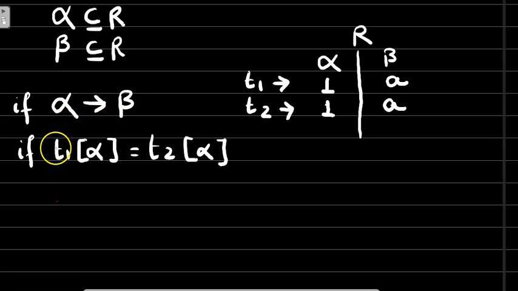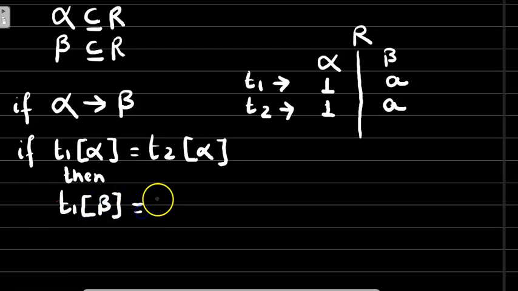So if T1 of alpha is equal to T2 of alpha, then mathematically we define the functional dependency as T1 of beta will be equal to T2 of beta. So it means that if you have the value 1 over here and value 1 over here, then the beta value also should be the same.